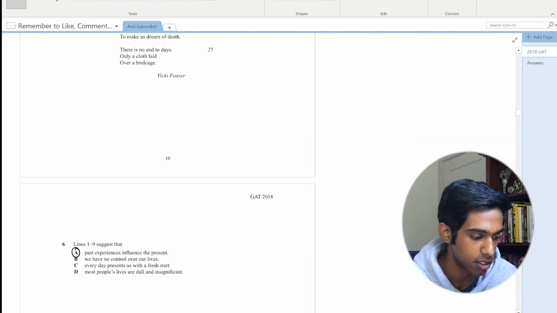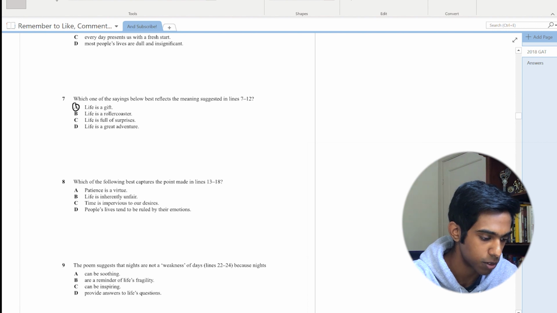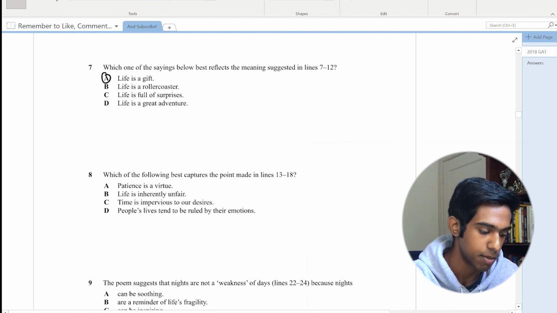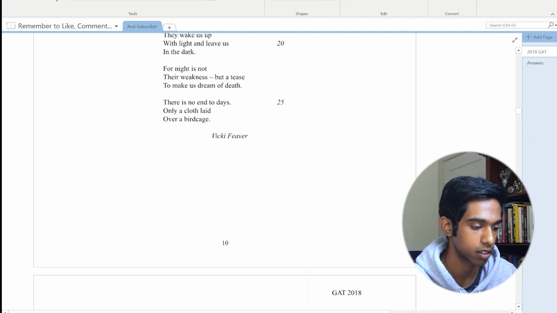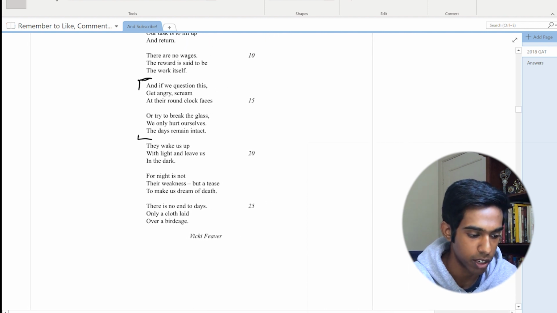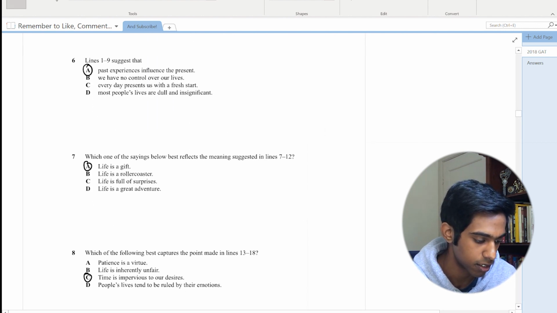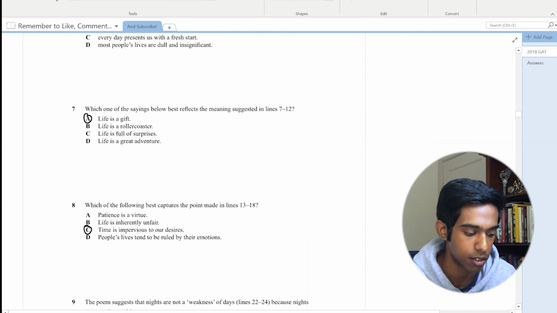Okay, so this is talking about your perspective on life. And I think this one would definitely be C, because the poem says that if we try to break the glass, we only hurt ourselves and the days remain intact. The days are the glass. So that definitely suggests that time is impervious to our desires.